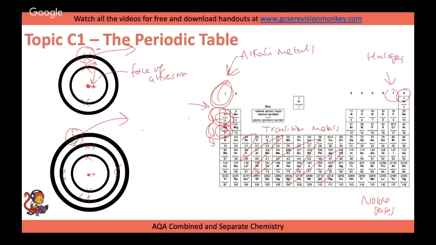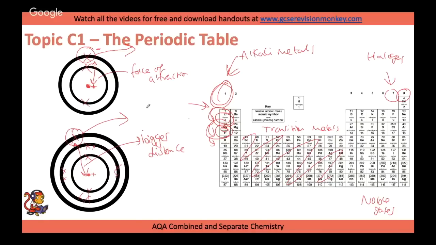Now, if you get a bigger atom, like so, there's a bigger distance between the positively charged nucleus and the negatively charged electron. This is all the information you need to get down in the exam. Okay, bigger distance between the positively charged nucleus and the negatively charged electron.